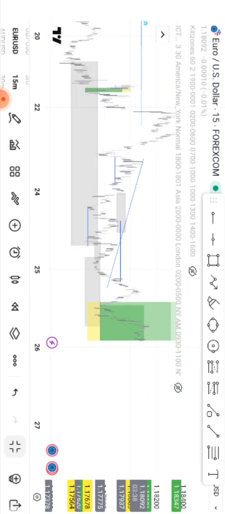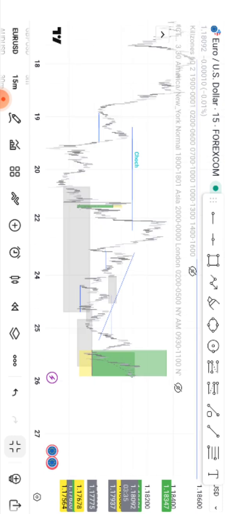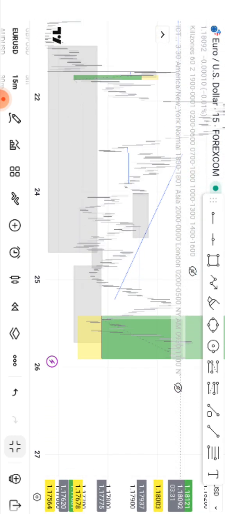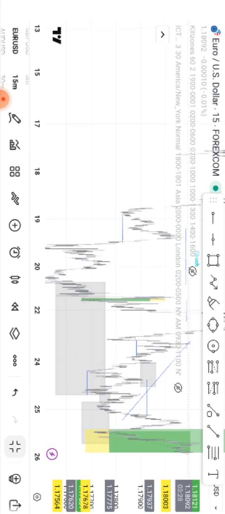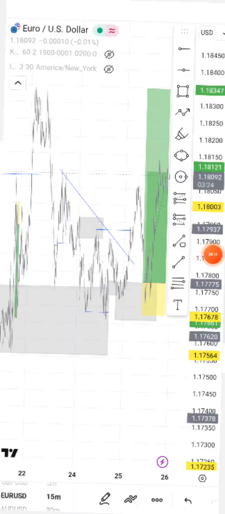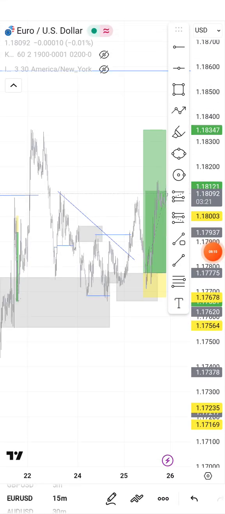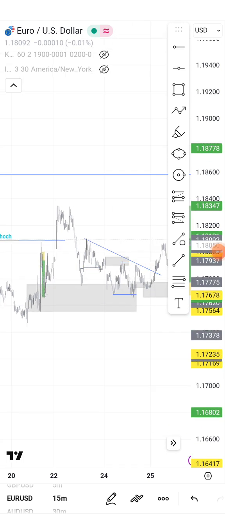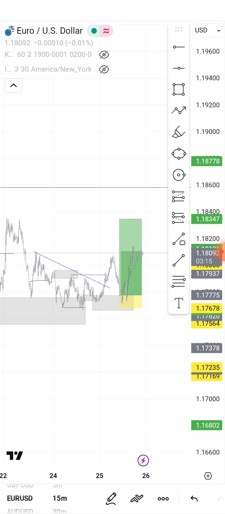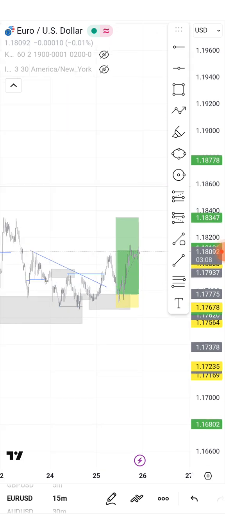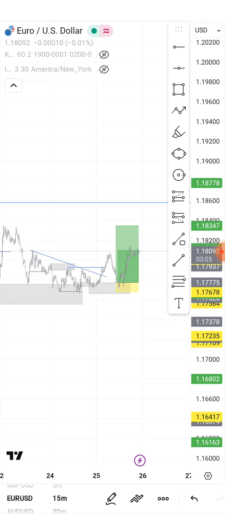So guys, this was how we were able to take that trade. Let me recap this. Price changed character from bearish to bullish on a 15 minutes time frame. It came to my discount zone and respected my support, took out the internal liquidity, which is this internal trend line, and cleared out session liquidity as well.